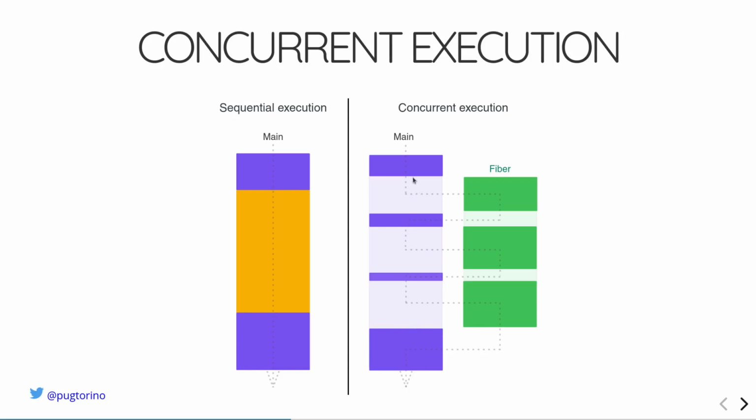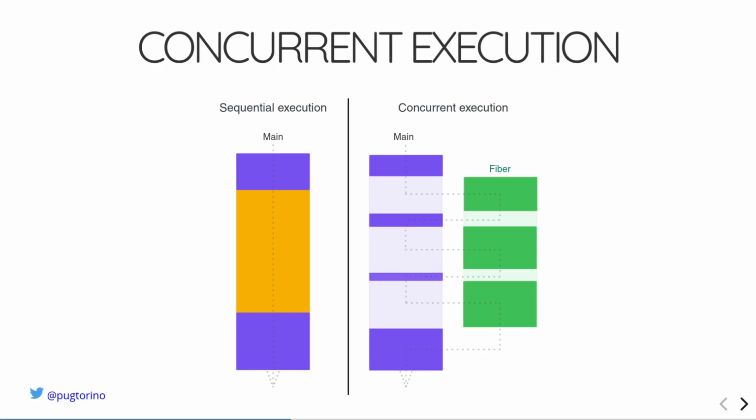So the fiber is not a way to actually reduce the execution time, because as you can see, the two diagrams here are of the same size. So the height of this execution that represents the execution time is the same, whether you use sequential or fiber. So fiber is not a way to run the code much faster.